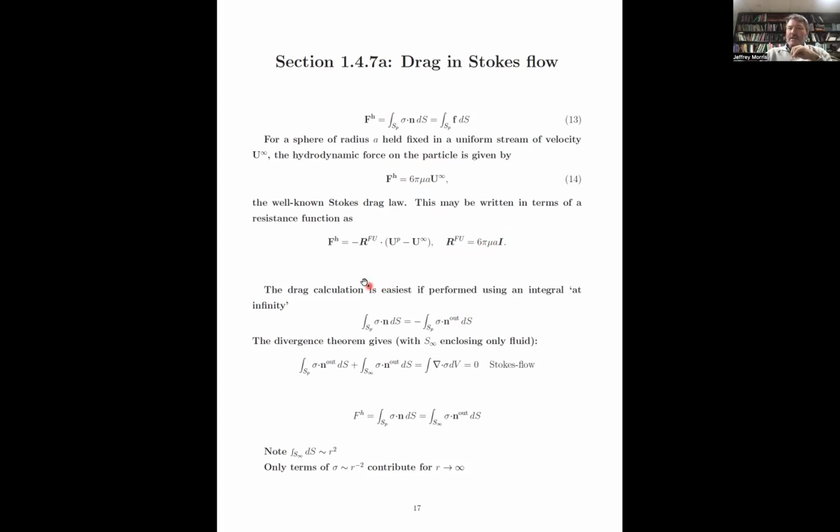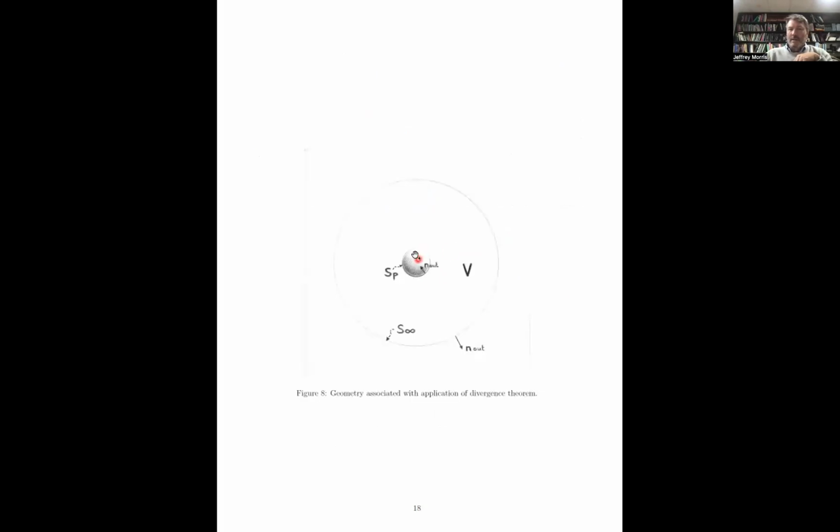I'm just going to say that if you want to do this, it's easiest to perform an integral off at infinity. So you consider that you have a particle immersed in fluid like this, where the outward pointing vector n_out is shown like this, and then I have a volume like this with S infinity out here. This is set up so that I can use the divergence theorem.